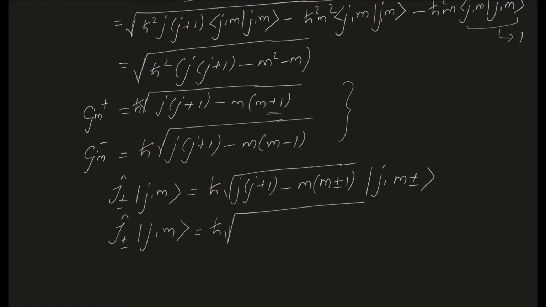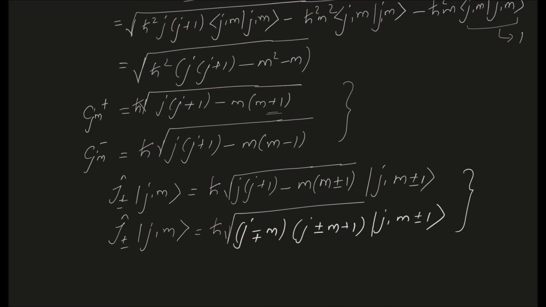Or it can also be written as h cross into square root of j minus or plus m, into j plus or minus m plus 1, times the state j, m plus or minus 1.